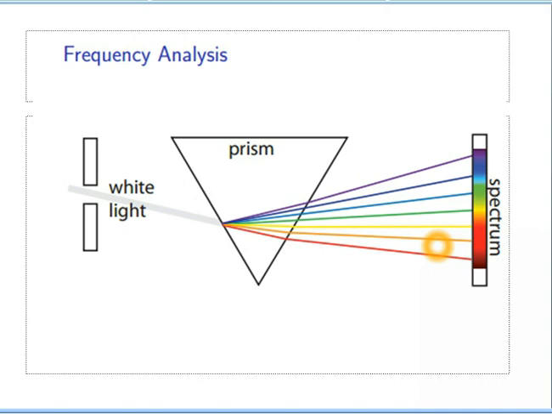Isaac Newton did another experiment. If you combine all these 7 lights by using another prism, we can recreate a white light again.